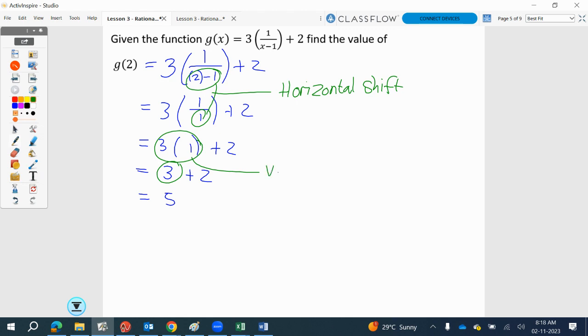This is your vertical stretch. And then your last transformation is this one. Vertical shift. The order of precedence of the transformations is given by the order of precedence of the mathematical operations in the evaluation of an expression. All right, next up.